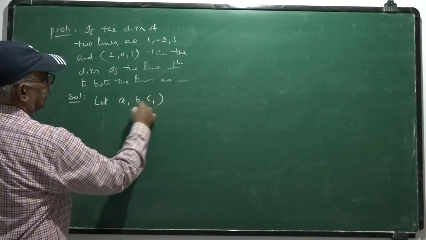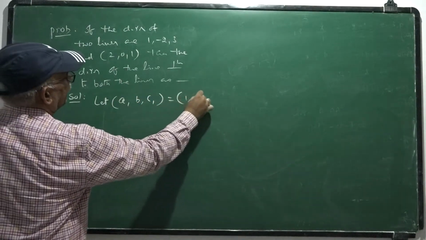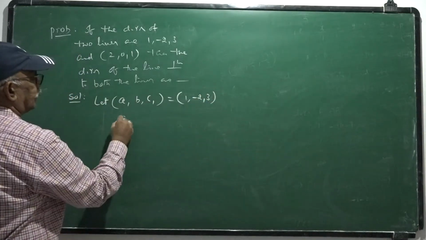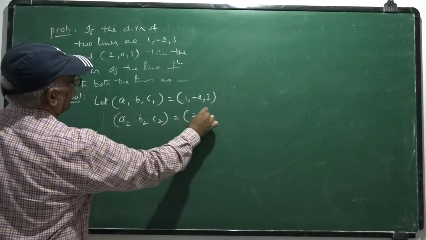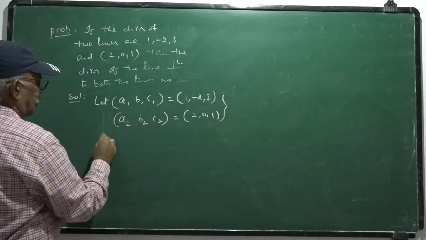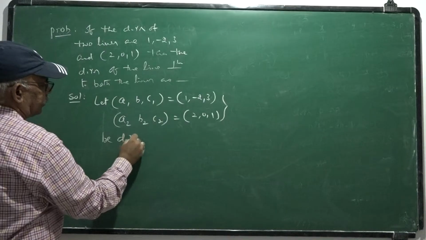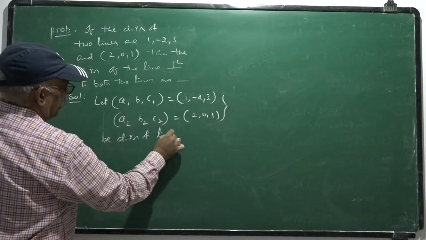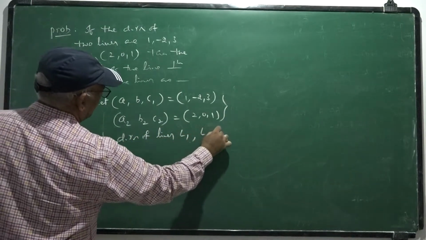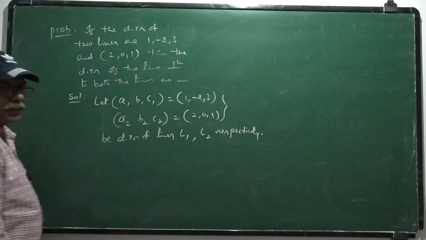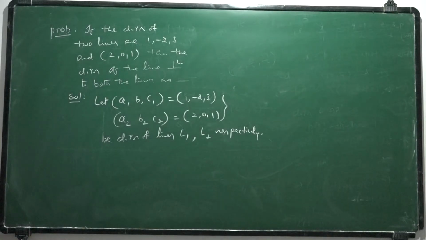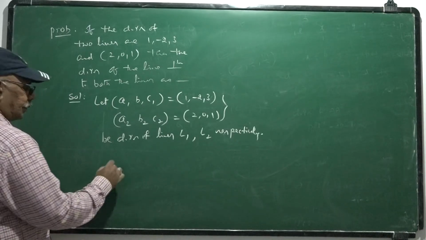Let A1, B1, C1 be one set of DRs and A2, B2, C2 be another set of given DRs of lines L1, L2 respectively. Now we are in need of DRs of the line perpendicular to both L1 and L2.